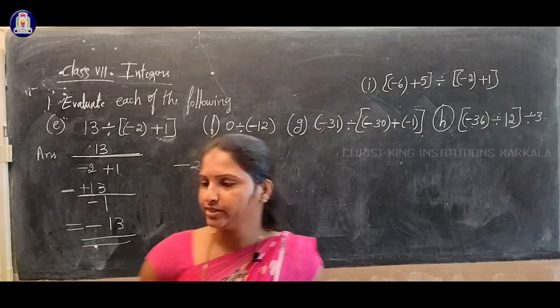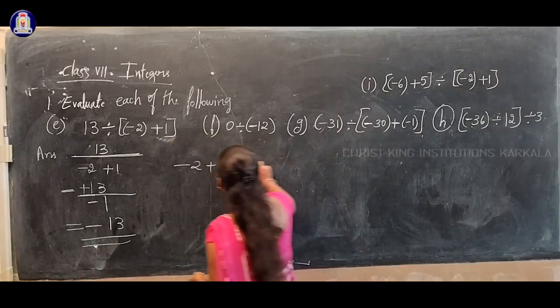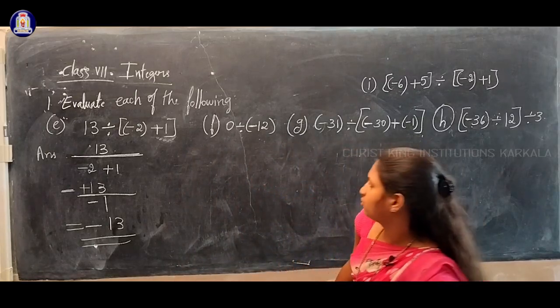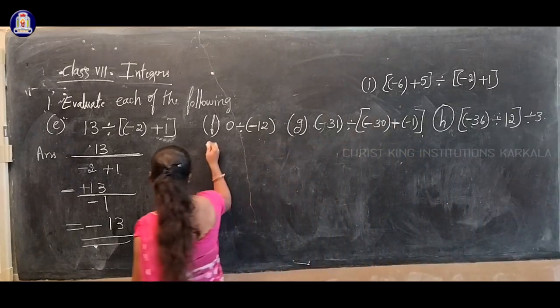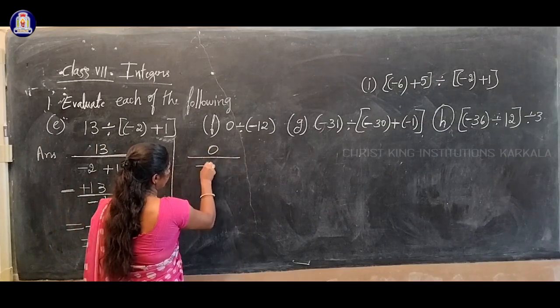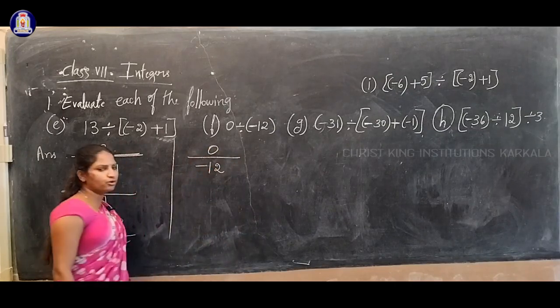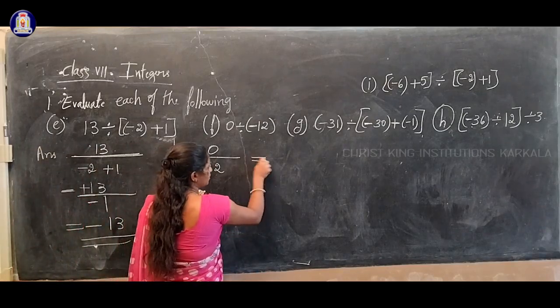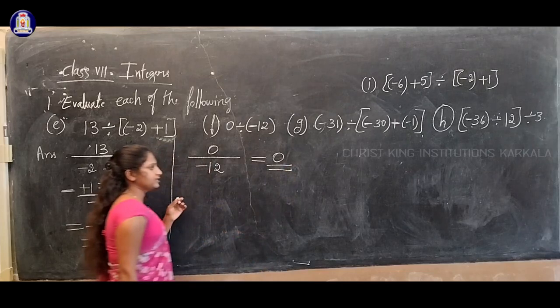Now we'll see the next question, question number F: 0 divided by minus 12. You know 0 divided by anything is 0, so the answer is 0.